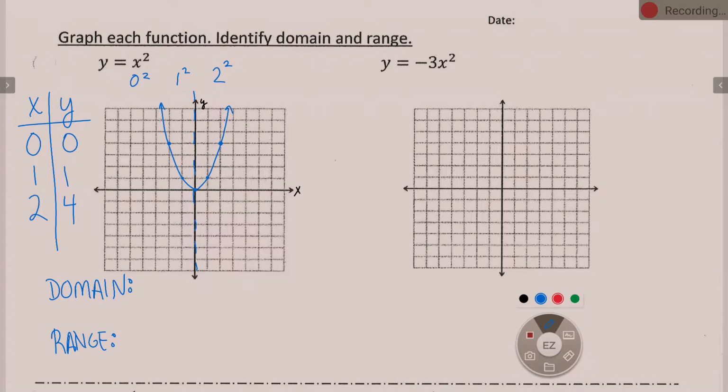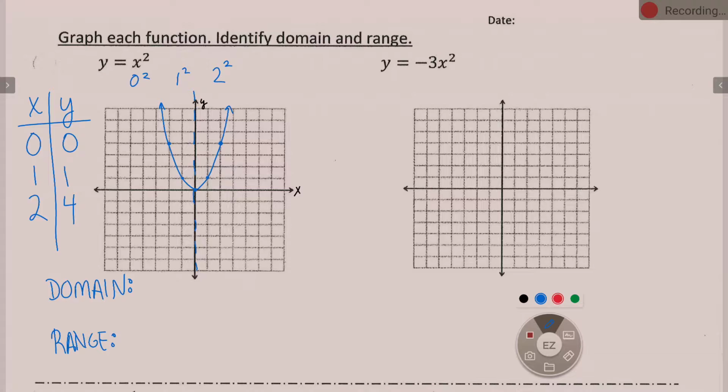Keeping in mind that this parabola doesn't end here, it keeps going on. How far left is this parabola going to go? Well, it's at 4 right now. Well, that's the y value. The x value is at 2, and negative 2. Is it going to stop there? No, it's going to keep going.